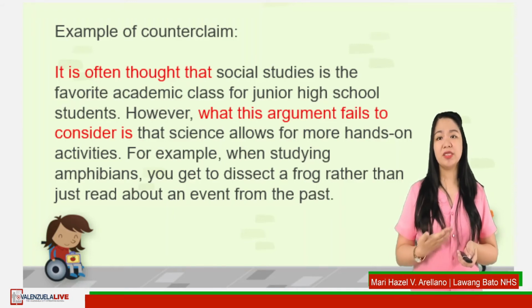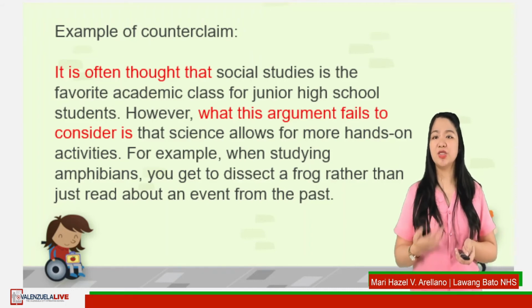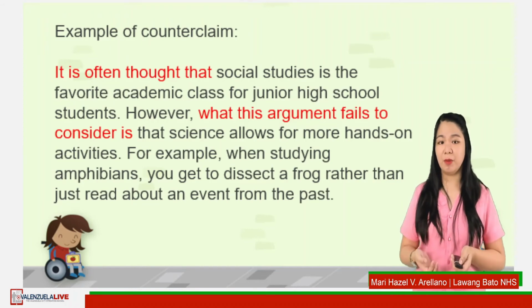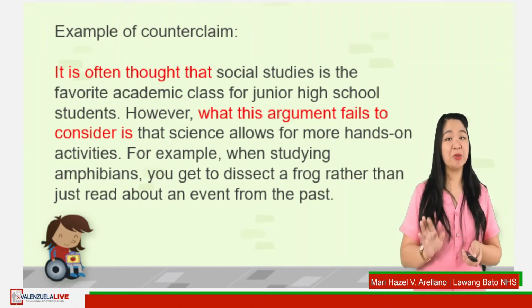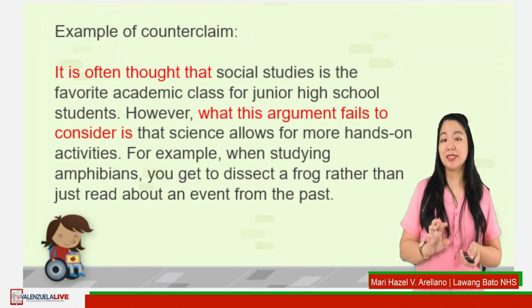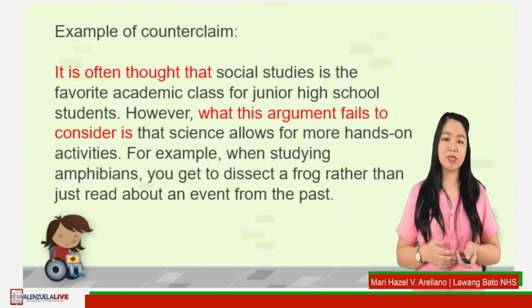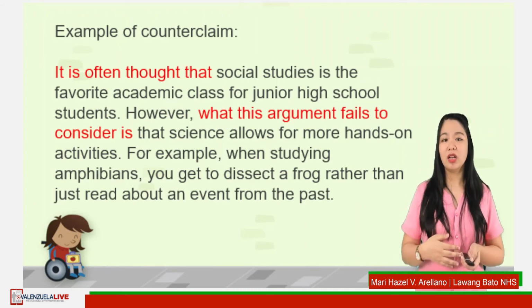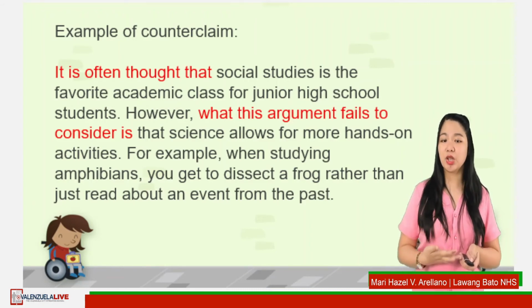For example, when studying amphibians, you get to dissect a frog rather than just study about an event from the past. If you can see in the given example, there are highlighted words, the red ones. These are the sentence starters that counterattack the claim that social studies is the favorite academic subject in the class. Therefore, the counterclaim is the opposition you make about the claims of the writer.